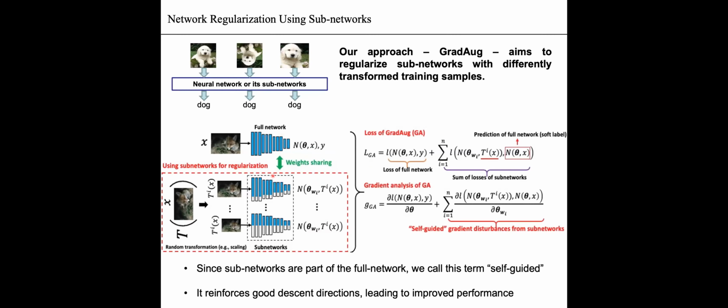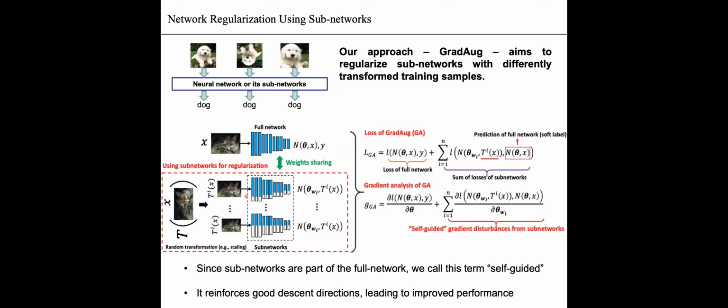So the structure is similar to mutual net. Again, we will have a full network, and the full network will be given the original image. We're also using subnetworks. We randomly generate the subnetwork by slimming, or by sampling the width of the full network.